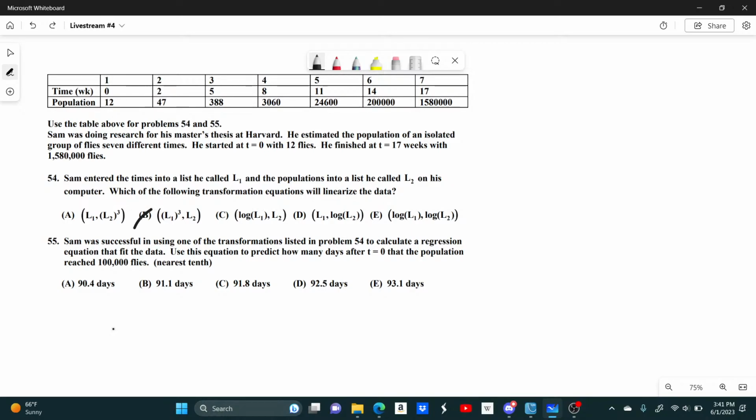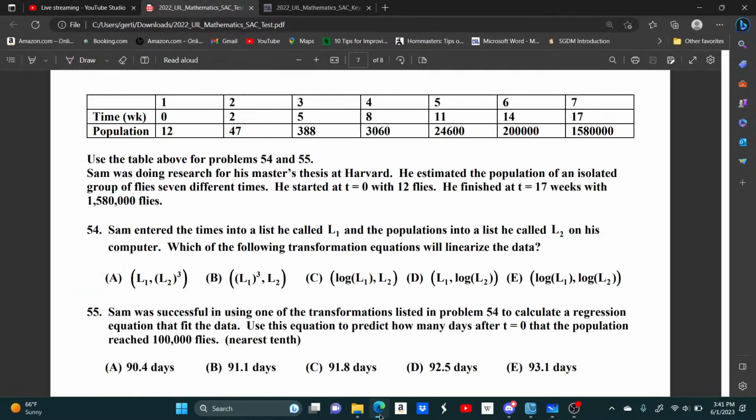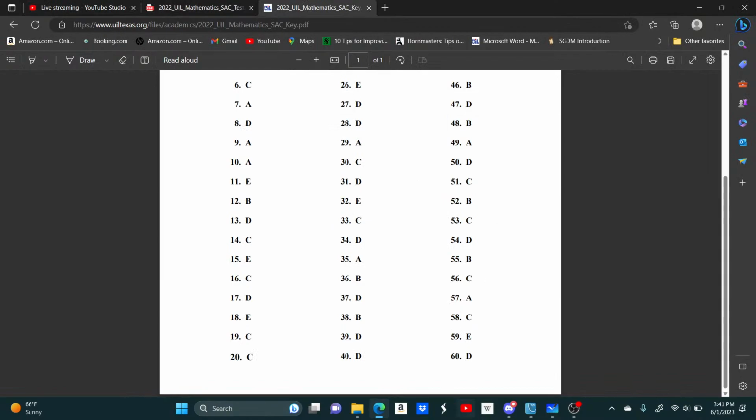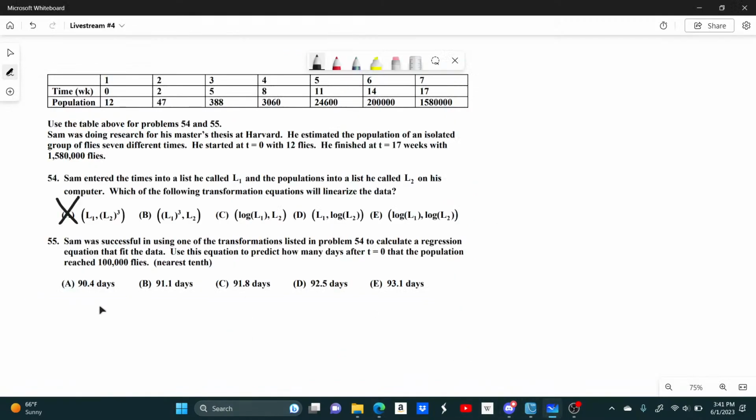Or wait, no, I meant I can probably eliminate that one. Let me see. Yeah, I can probably eliminate that one. So pretty much, I'm either going to have to make this one bigger or this one smaller, and this one didn't do either. So B could be an option. If I increase, taking the log of L1, that doesn't work, because that's going to make that smaller. Taking the log of L2 could work.